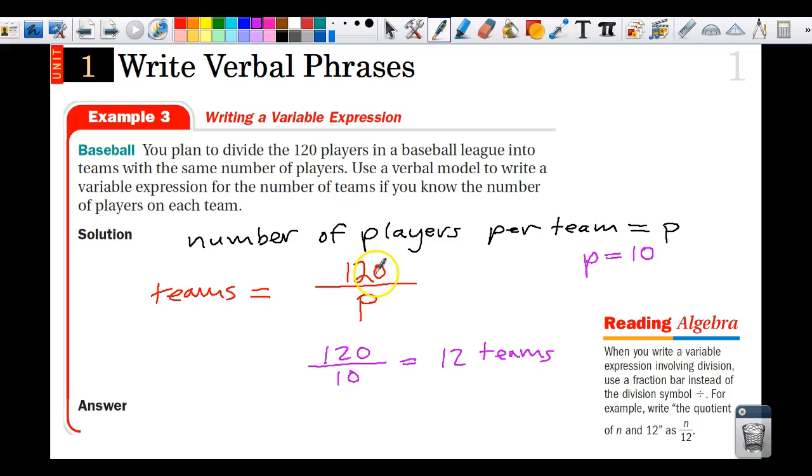I took 120 players divided by how many players there should be on each team, and that's how I get how many teams there are. Okay? Now be careful. There's one other thing I want to mention before we finish up here. When you write a variable expression involving division, we don't use that division symbol with the 2 dots. We just write it as a fraction. So that's why I wrote 120 over P.